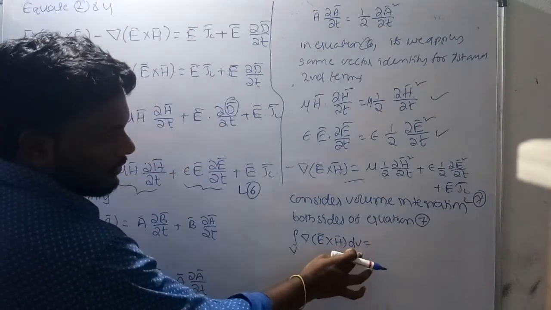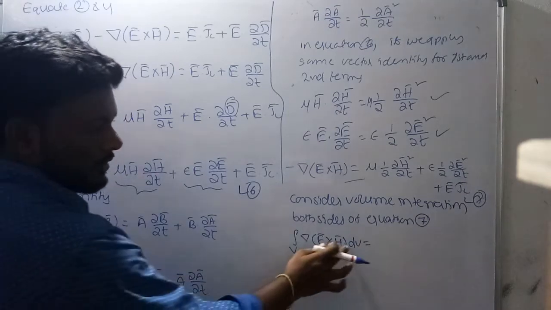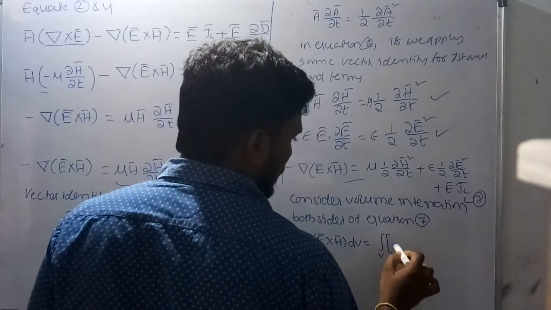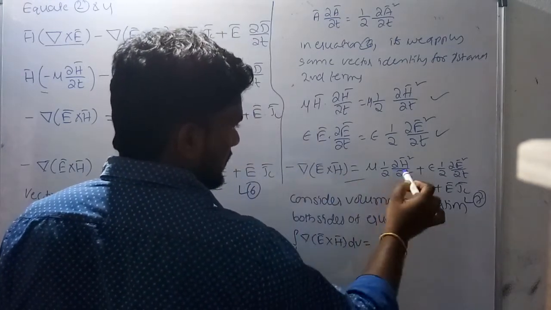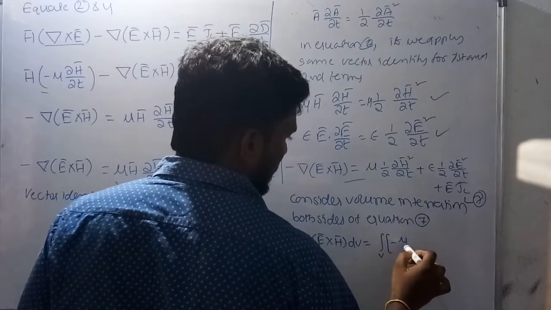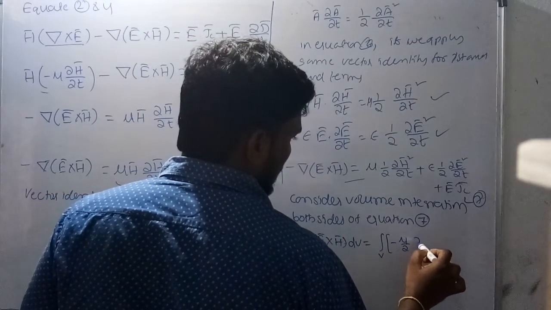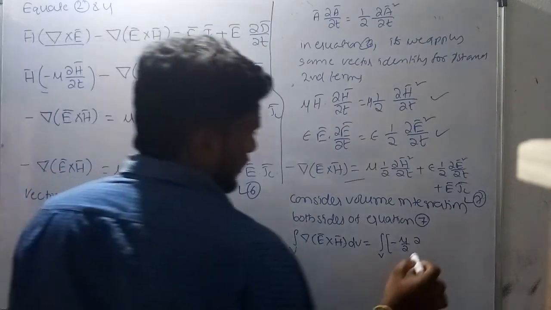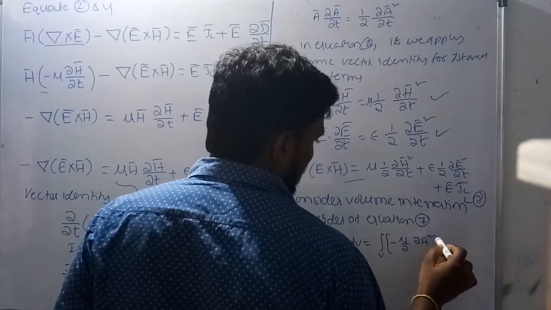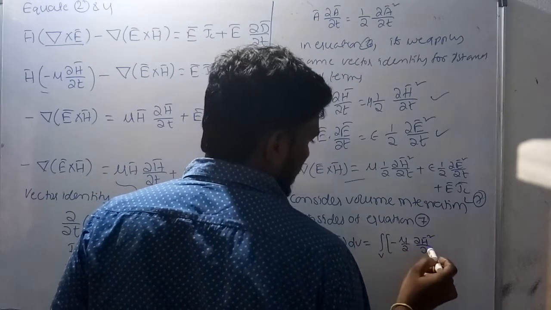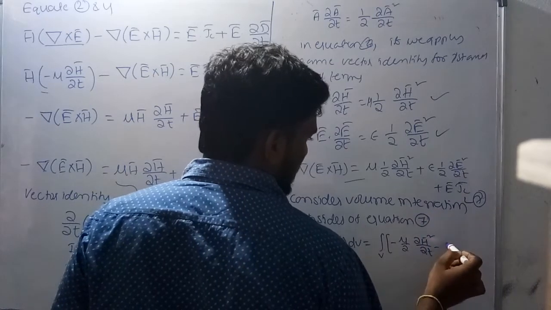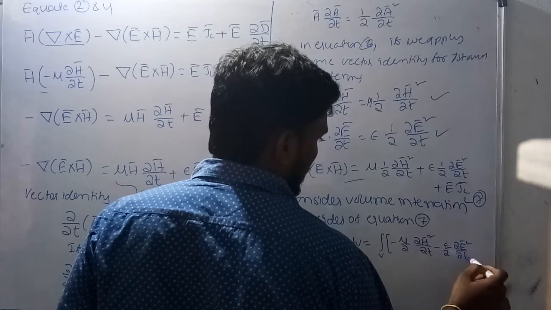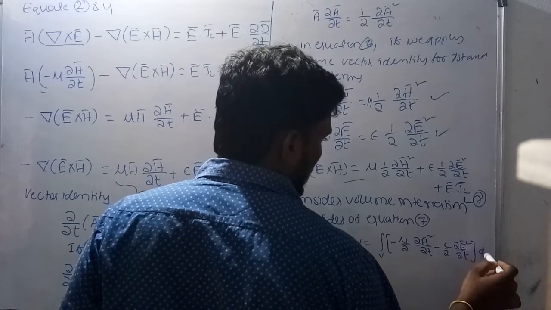As we are taking the integration, you should do the integration with respect to the variable volume. And here, sending the minus term here, that's why it will become minus μ/2 ∂H̄²/∂t, and here there is a minus, it is ε/2 ∂Ē²/∂t dV.